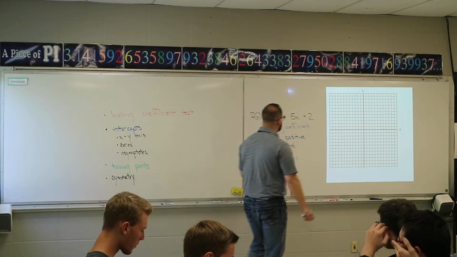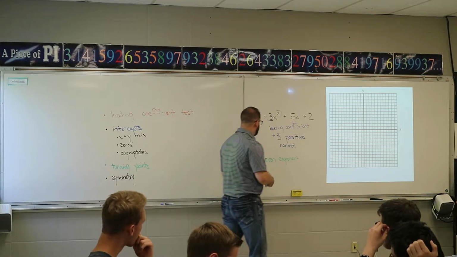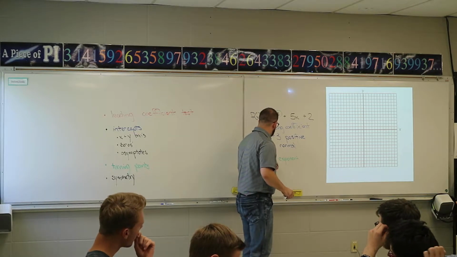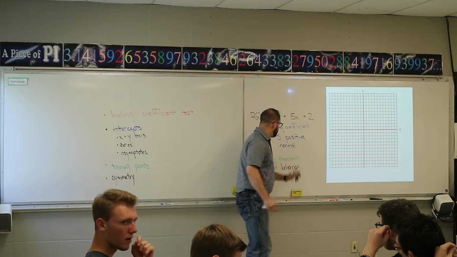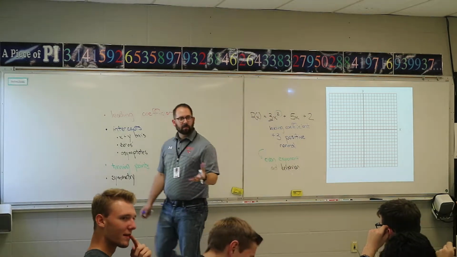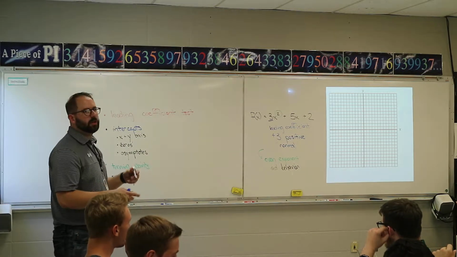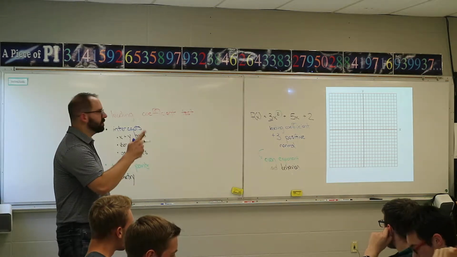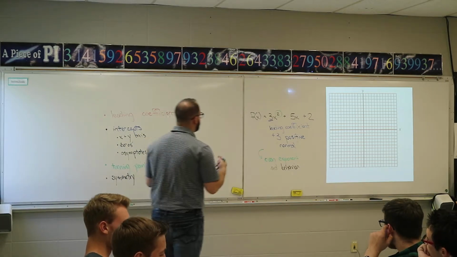Even exponents means the end behavior is the tails. It's a parabola. So an even power is a parabola. It's like a little shoe. What that means is that the tails go the same direction. Even powers, like if it was a 4 or a 6, the tails are going to go in the normal direction.